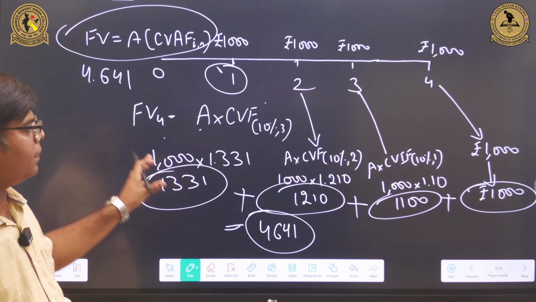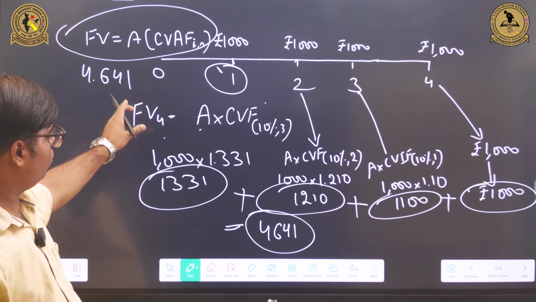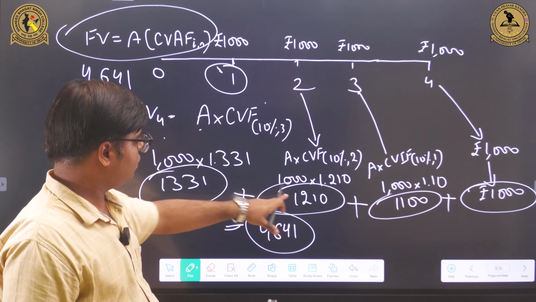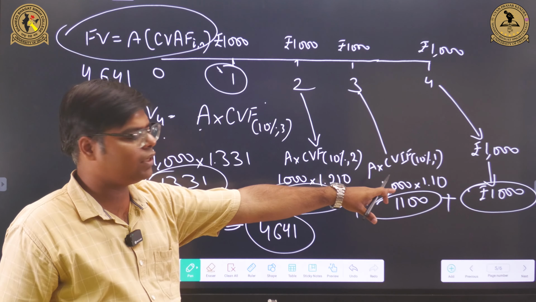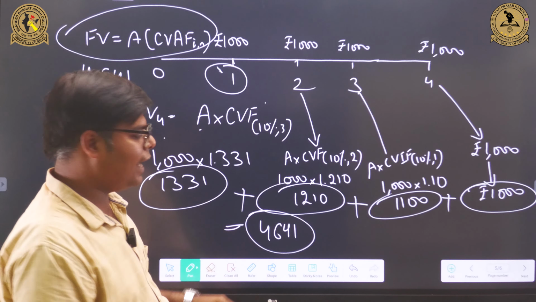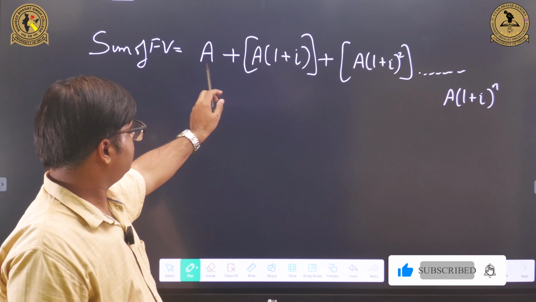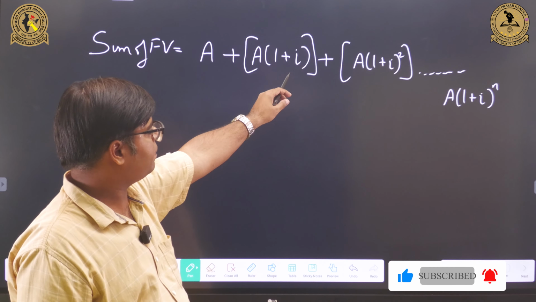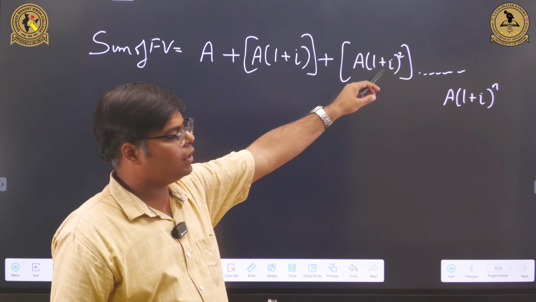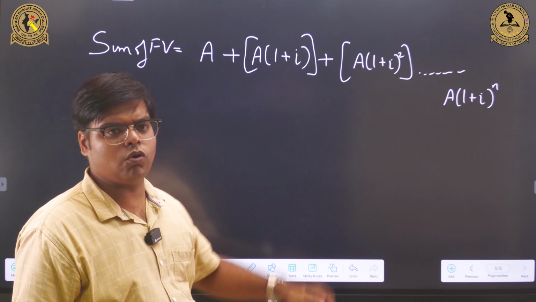So in my example, I have told you that the sum of the future value is equal to this amount plus 1210 plus 1100 plus 1000. I can rewrite it in this way also. Now this is forming a series: annuity plus annuity multiplied by (1 plus i), annuity multiplied by (1 plus i) squared, and so on and so forth.